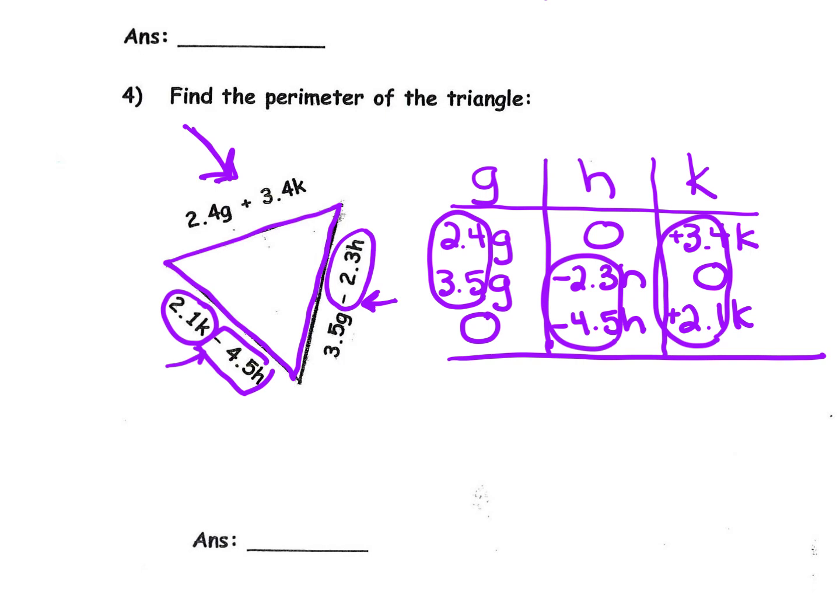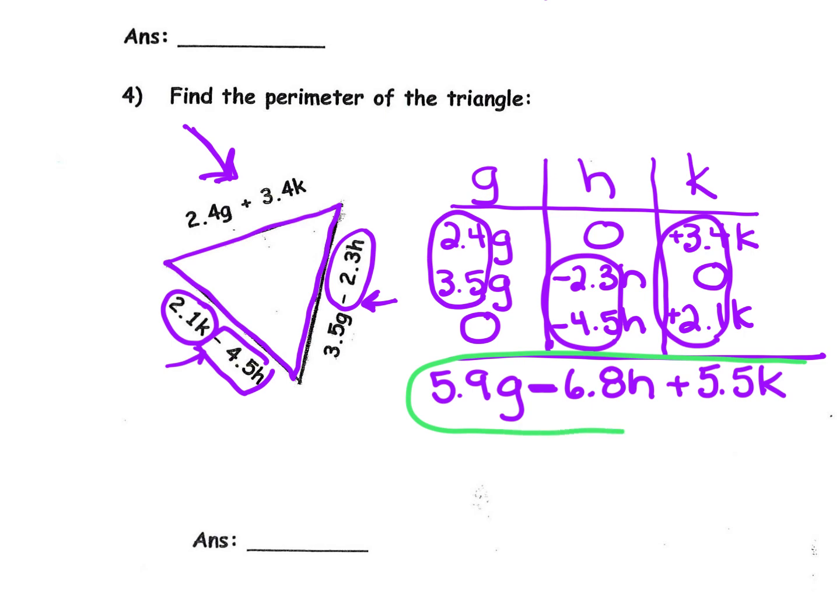You should have gotten the following answer using your calculator. 5.9G minus 6.8H plus 5.5K. Give yourself a C for each term you calculated correctly. This concludes the video for page 13 and 14.